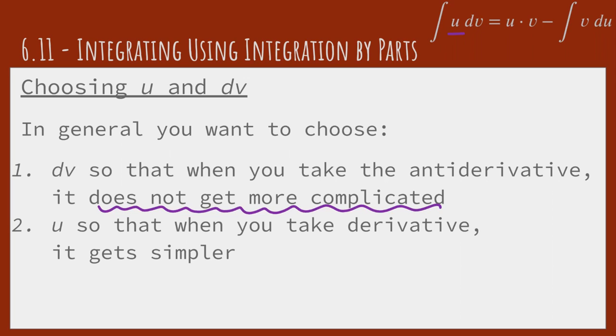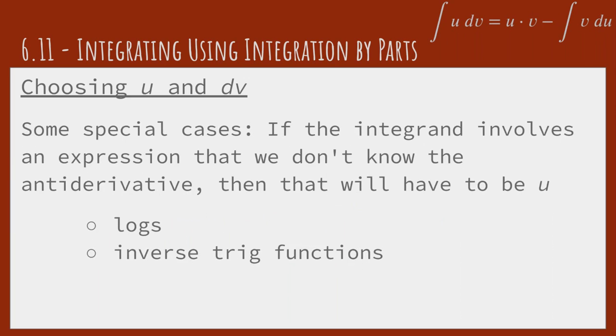So when we choose our u, we're going to end up using du. And so when we choose u, we want to take the derivative, and we want that derivative to get simpler. Because when we take the derivative, du is still going to be involved in an integral expression. And if it doesn't get any simpler, then this choice isn't going to help us to evaluate the new expression.